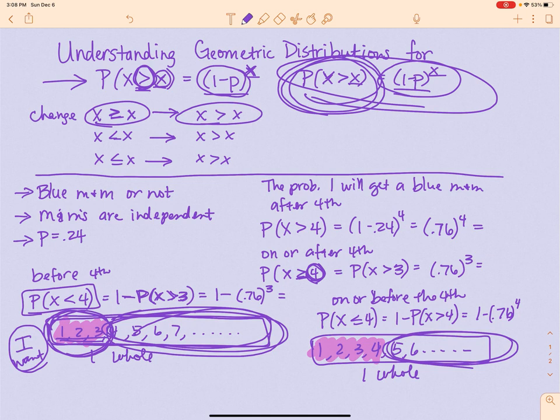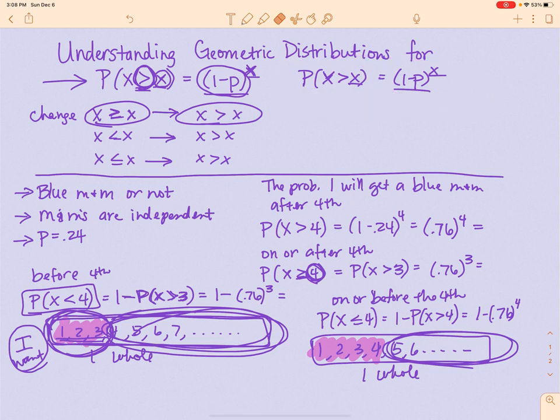See, it's not horrible. And if you still have trouble understanding that, let's just write out some rules for this. When I have greater than or equal to, then I am just going to find X greater than 1 less than X. So 1 less than this X right here.